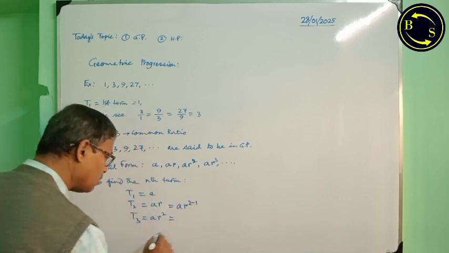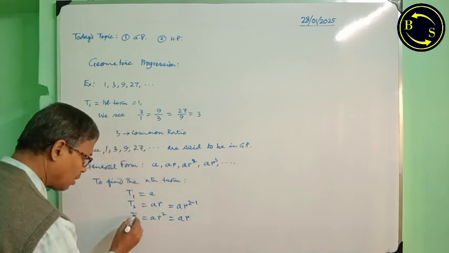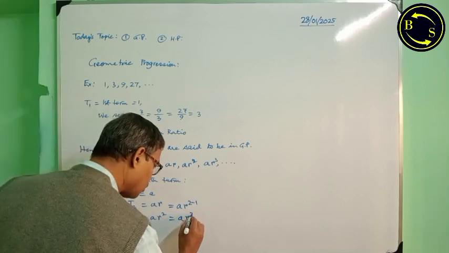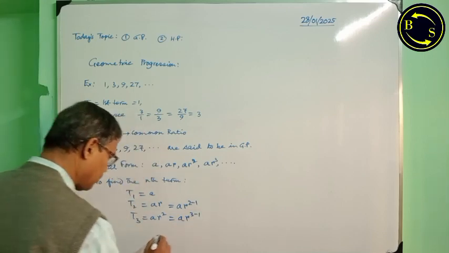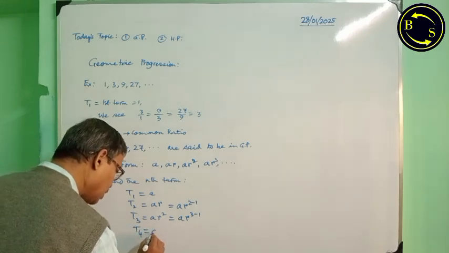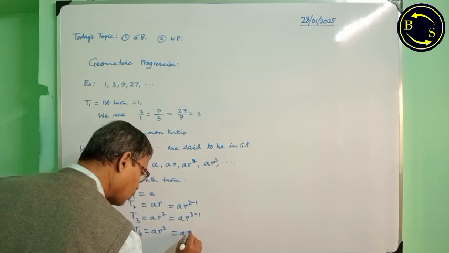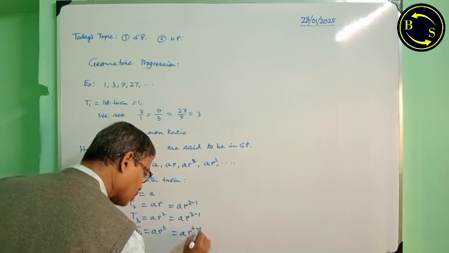And for the third term, it will be a r to the power, term number is 3 minus 1. Similarly, T4 will be a r cube, and that is equal to a r to the power 4 minus 1.